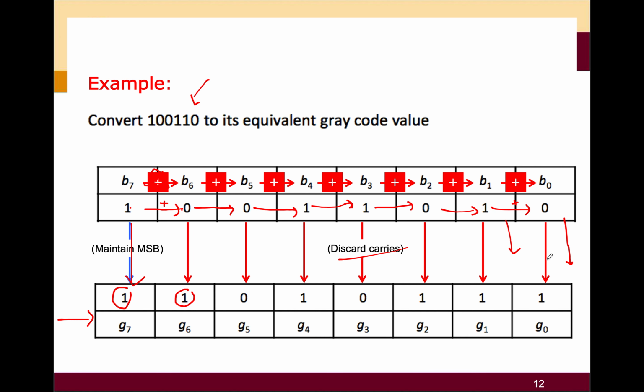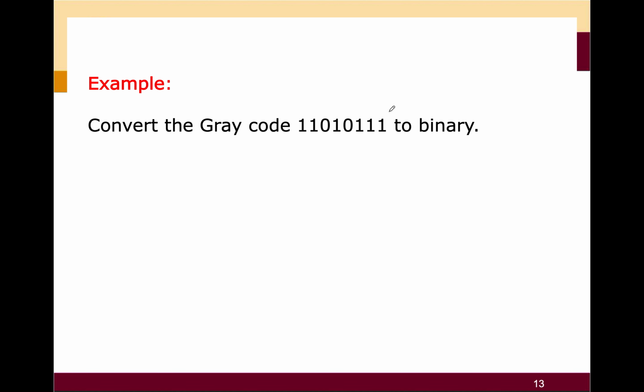So the answer of your gray code from this binary number is 1 1 0 1 0 1 1 1 for your gray code. Okay, now clear?